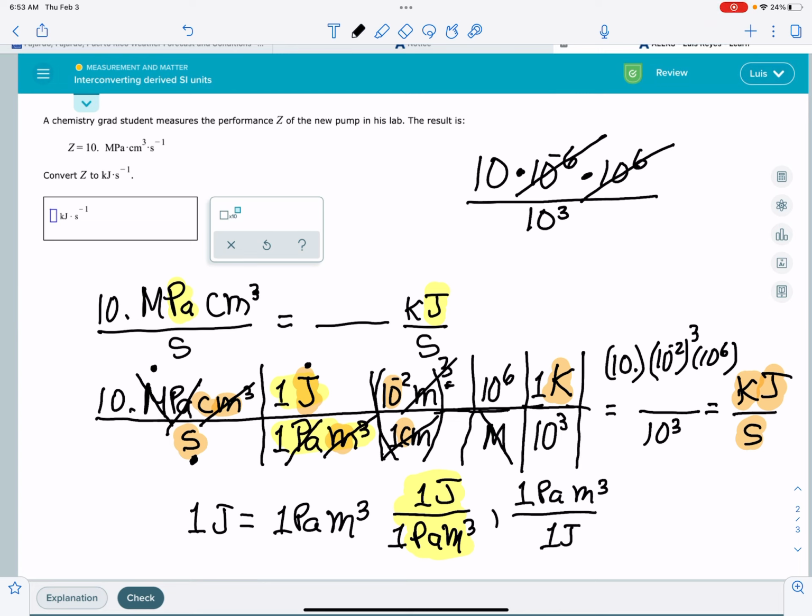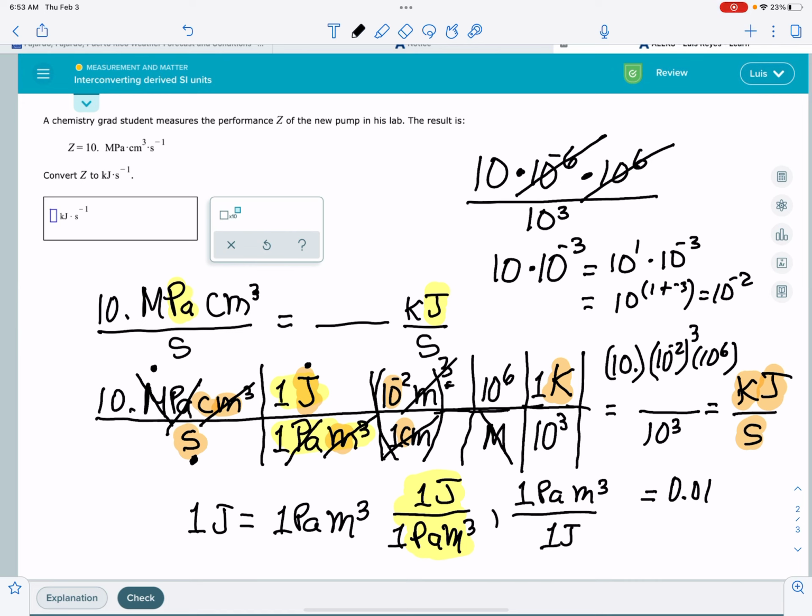And 10 divided by 10 to the third is the same as 10 multiplied by 10 to the minus 3, which is the same as 10 to the 1 multiplied by 10 to the minus 3, which is the same as 10 to the 1 plus minus 3, which equals 10 to the minus 2, which is the same as 0.01 kilojoules over seconds. And that's how you solve this problem.